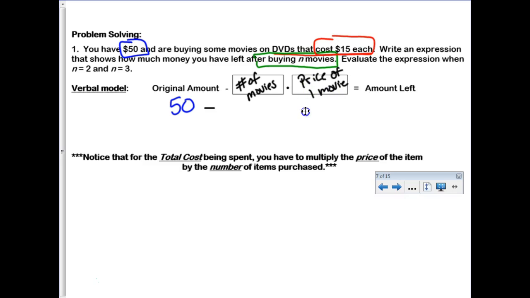That's the price per movie, so that's the 15 right here. The number of movies, that I did not know, and it said we're going to be buying N movies, so we're going to use N right here. There's a multiplication sign between these two, and then it equals the amount left, which we don't know. So if I could clean this up a little bit, I would write it as 50 minus, instead of N times 15, typically we write that as 15N.